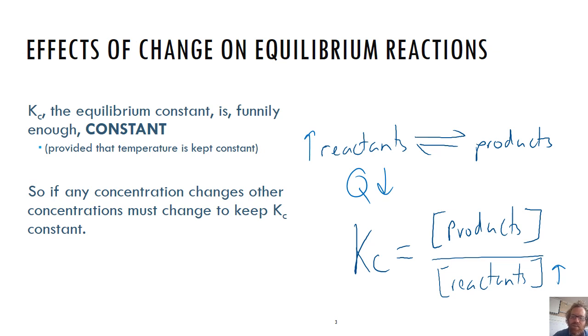So to get back to Kc, the products will need to go up and reactants come down, and the way to do that is that the reaction proceeds to the right to undo that, so it favours the products. And likewise, for the same scenario with the products, it is just the reverse of that. We get too many products, Q is too high, products will get converted to reactants to get back to Kc.